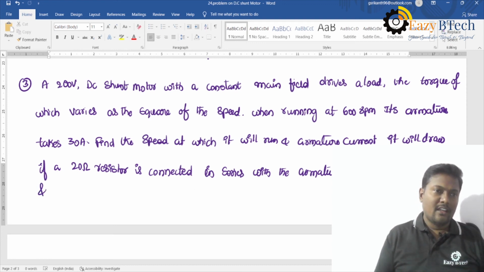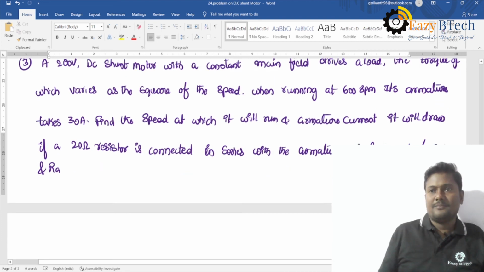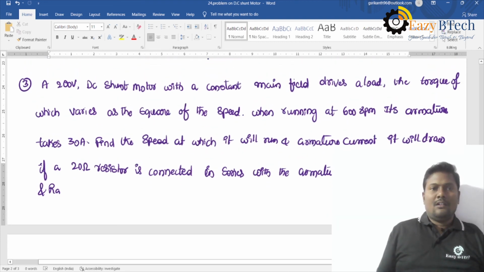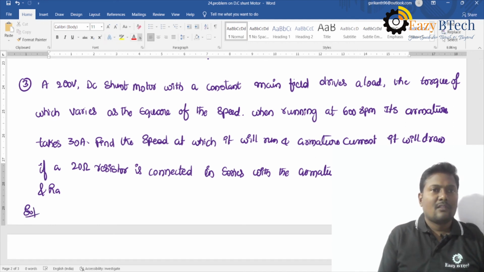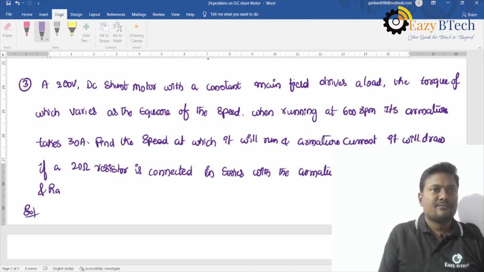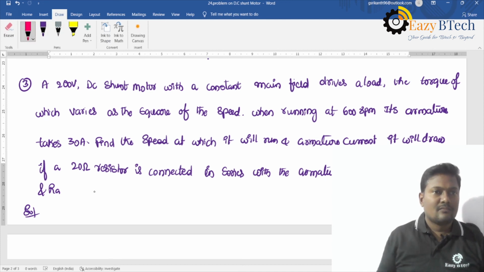So this is a problem. What is the solution for this one? We will see now. A 200 volts DC shunt motor with a constant main field drives a load.